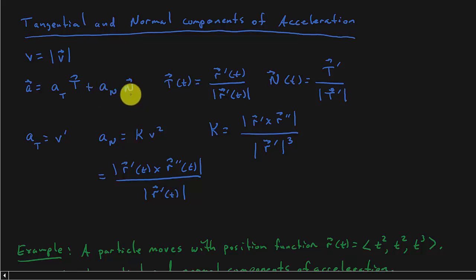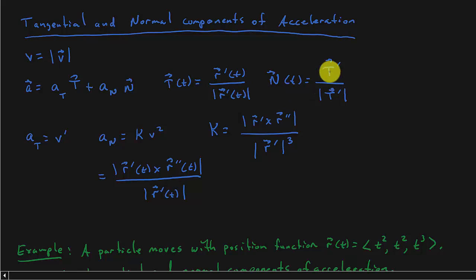Vector a is a sub t times vector T plus a sub n times vector N. Vector T, we talked about in a previous lesson. That's the derivative of r over the magnitude of the derivative of r, the derivative of the position vector divided by its magnitude.